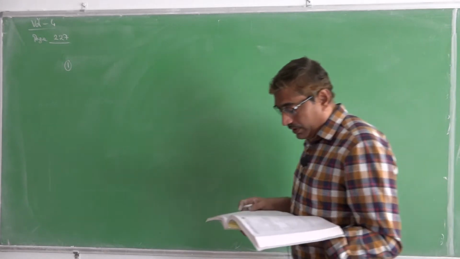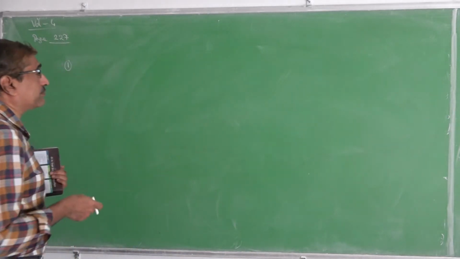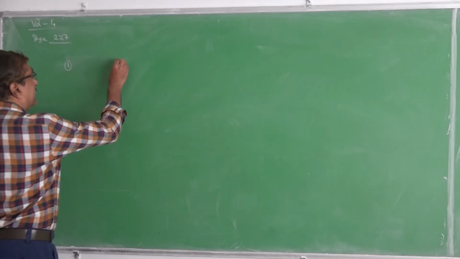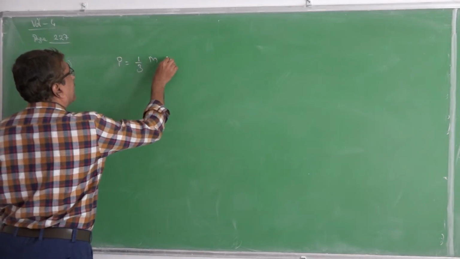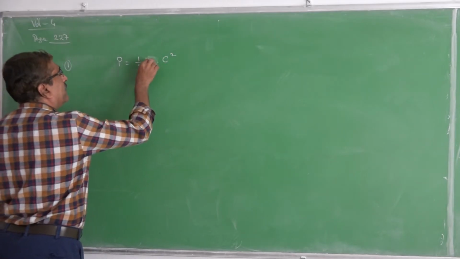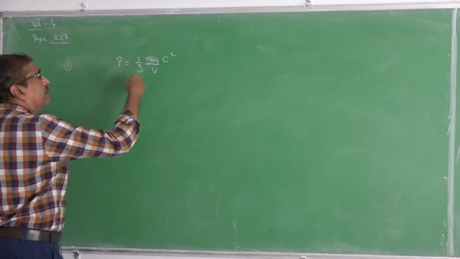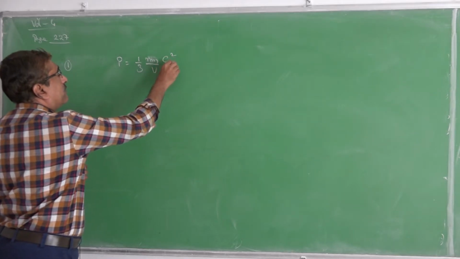Okay. Now, actually the pressure of the gas is given by P is equal to 1 by 3 m c square by V. This is the total mass, or n into m we can write like this if you consider total gas molecule. So this is the RMS velocity square.